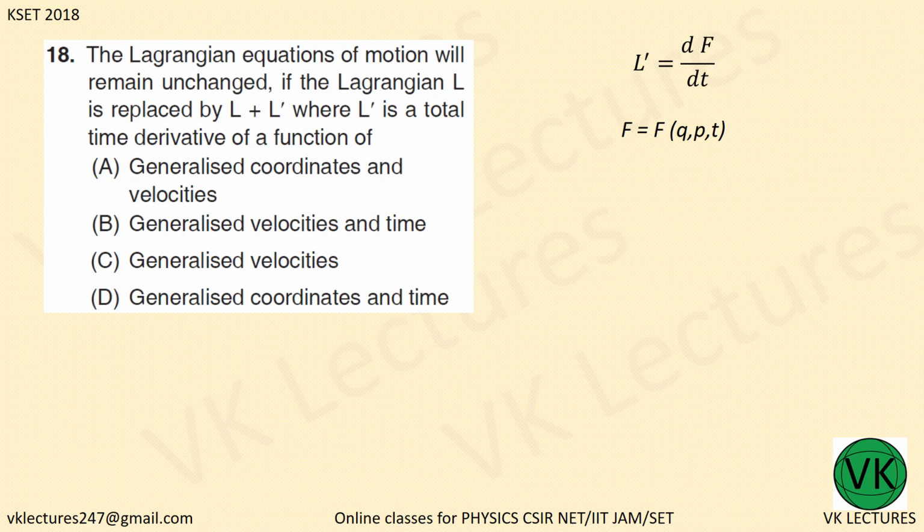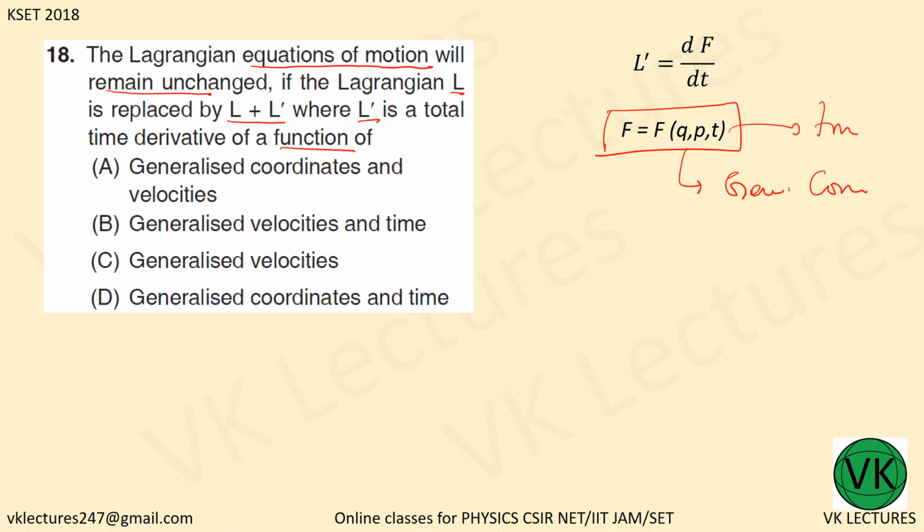Lagrangian equation of motion remain unchanged. See, Lagrangian equation of motion will remain unchanged if Lagrangian L is replaced by L plus L dash, where L dash is the total time derivative of a function, and that function is a function of q, p and t. q, p are nothing but generalized coordinates, and this is time as it is.